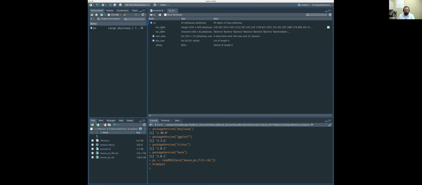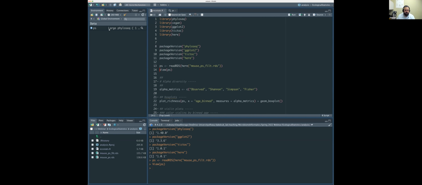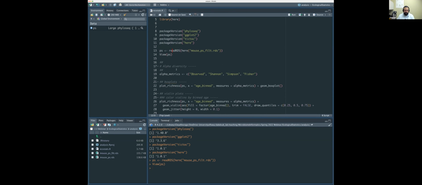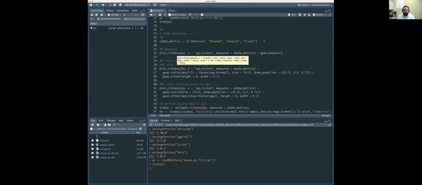Now, you can construct a phyloseq object with only one of these. If you just have an OTU table, with no taxa, for example, you can still construct a phyloseq object, but it gives you the flexibility to incorporate all these different types of data into your analysis. So we've loaded the phyloseq object, and the first thing we want to do is calculate alpha diversity.